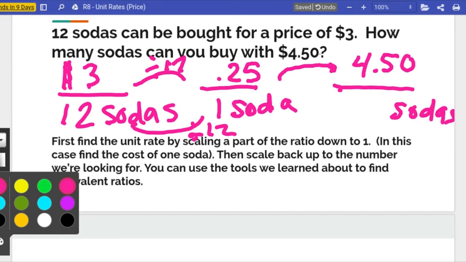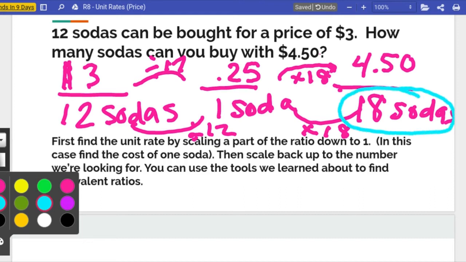And then 50 cents is another 2 quarters. So I have 18 quarters in my $4.50. So I would need to times this by 18 to get to $4.50. So I'm also going to times this by 18. And 1 times 18 is 18. So for $4.50, I can get 18 sodas.